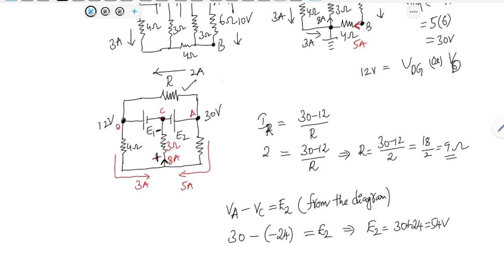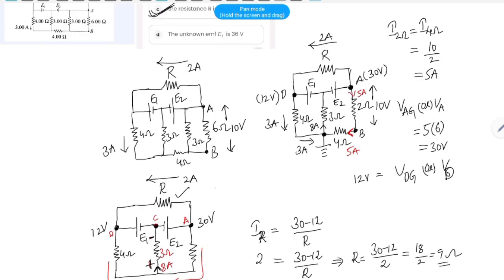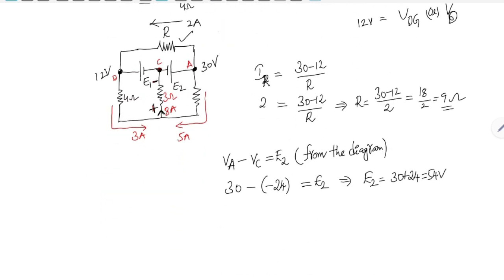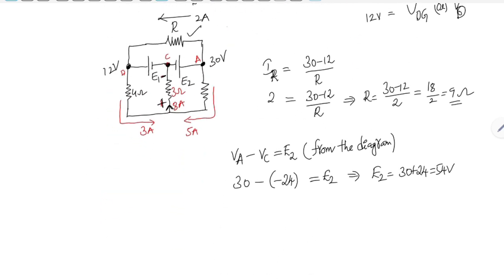Okay. So let me go through the options. See, the unknown EMF E2 is given as 54 volts. It is also a correct option. Okay. Next, the last part of our video, which is finding E1. Okay.